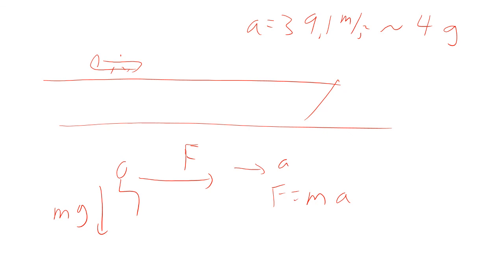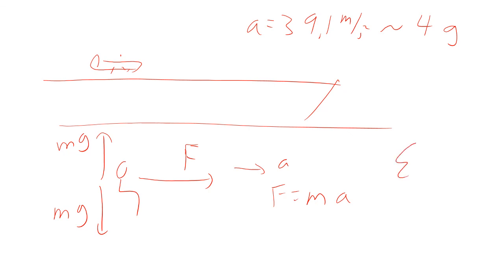So in other words, as this person is sitting here, the way you experience the force is that the seat is pushing up on you with a force that exactly balances the downward force. That's why as you're sitting somewhere, you don't go crashing to the ground, because the seat is pushing up on you equal to your weight.